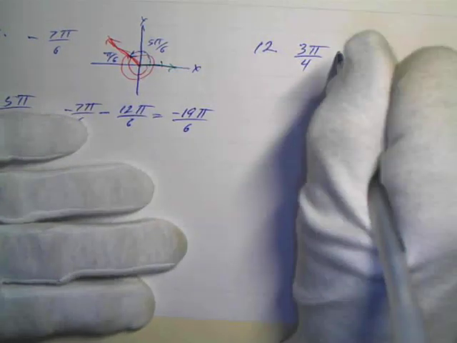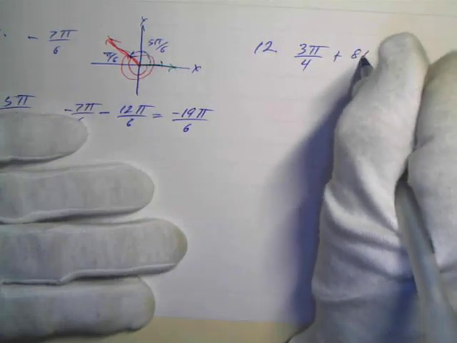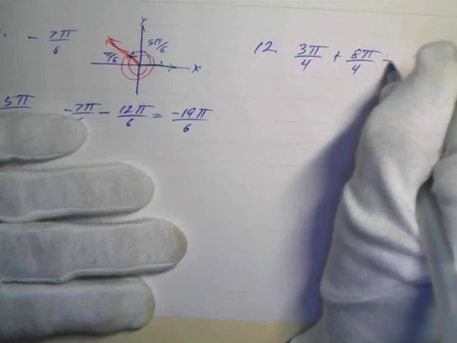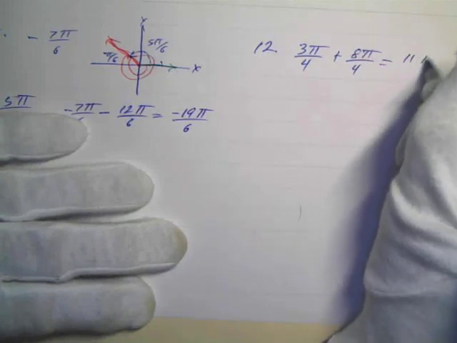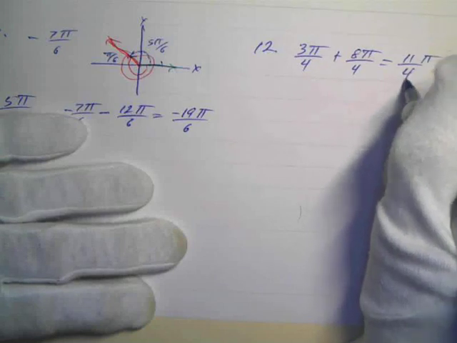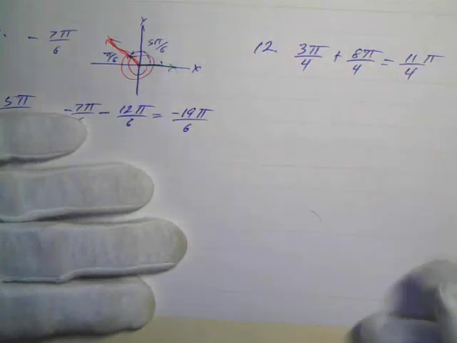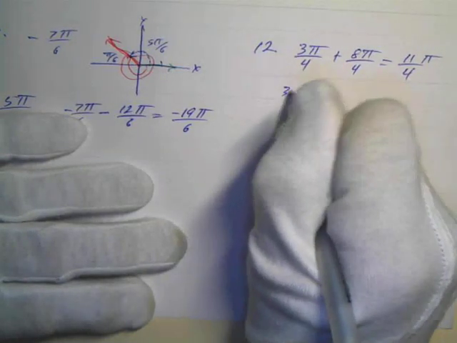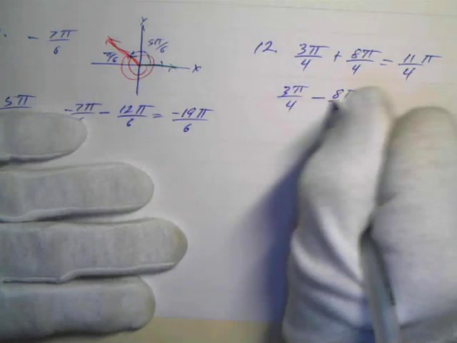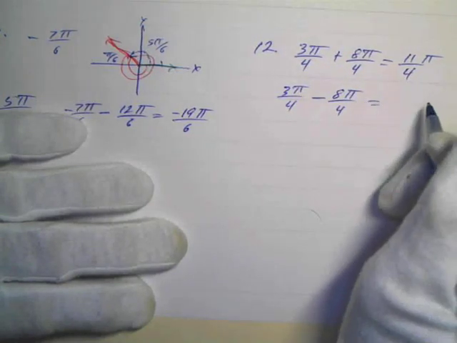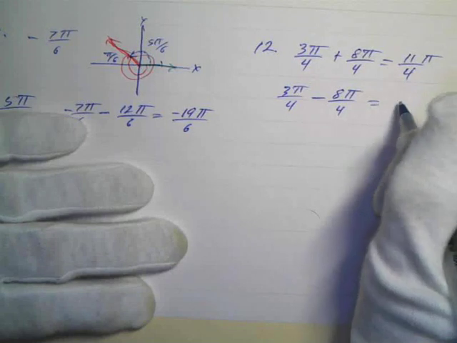So we could just add 2 pi to that, which would be 8 pi over 4, right? And we would get 11 pi over 4. So that's a positive coterminal angle. Then I could take 3 pi over 4 and just subtract 8 pi over 4. And that's going to be minus 5 pi over 4.